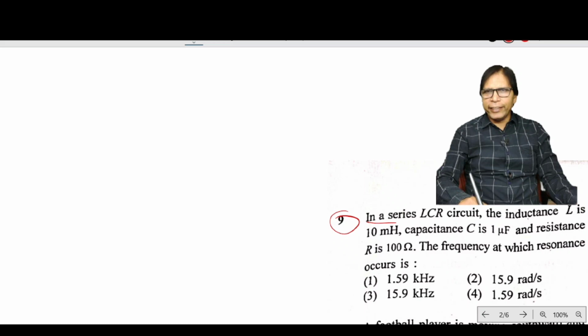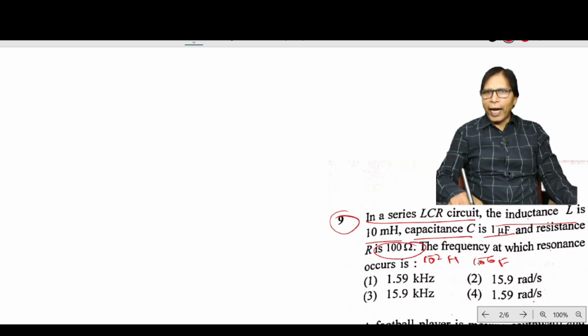Look at this, in a series LCR circuit, the inductance L equals 10 millihenry. That means this is 10 to the power minus 2 henry. Capacitance C is 1 microfarad, so this is 10 to the power minus 6 farad, and resistance 100 ohm.